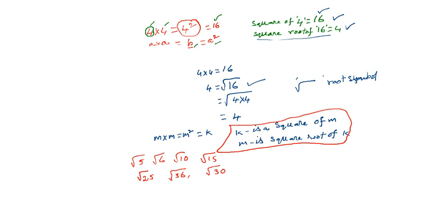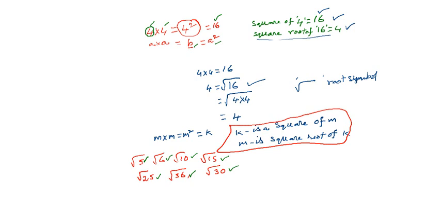If you think, what is the square root of 5? Tell me, what is the square root of 6? What is the square root of 10? What is the square root of 15? What is the square root of 25? What is the square root of 36? What is the square root of 30?